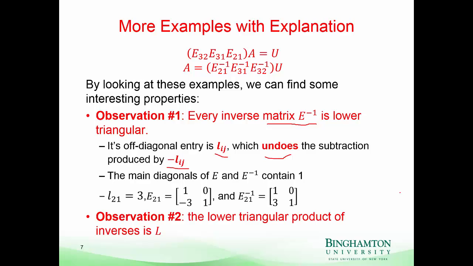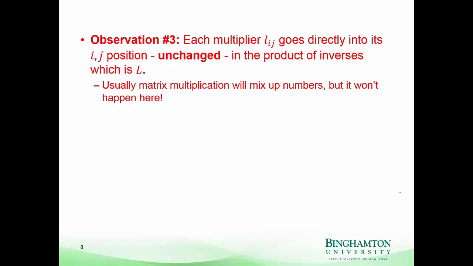And it's also easy to show that a lower triangular product of inverses is L. So if we take all these E inverses and multiply them, we can show that we always get something that's lower triangular. Then observation number 3, each multiplier Lij just goes right into the ij position.